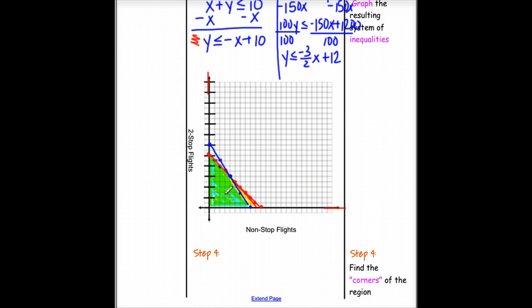So now I need to identify the corners of my region, and if I look here, I see that clearly one of my corners is right here at the origin, which would be 0, 0. I also have this corner here, which is at 0, 10.